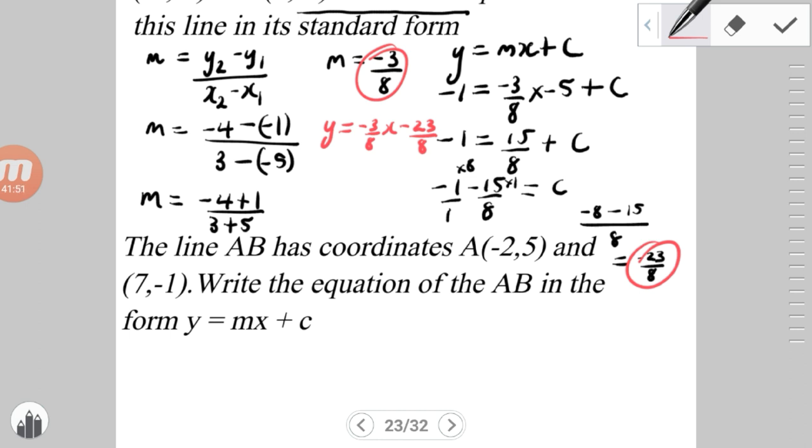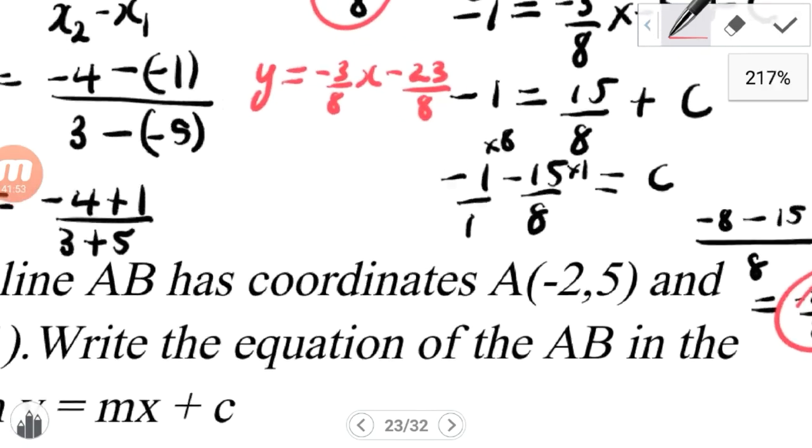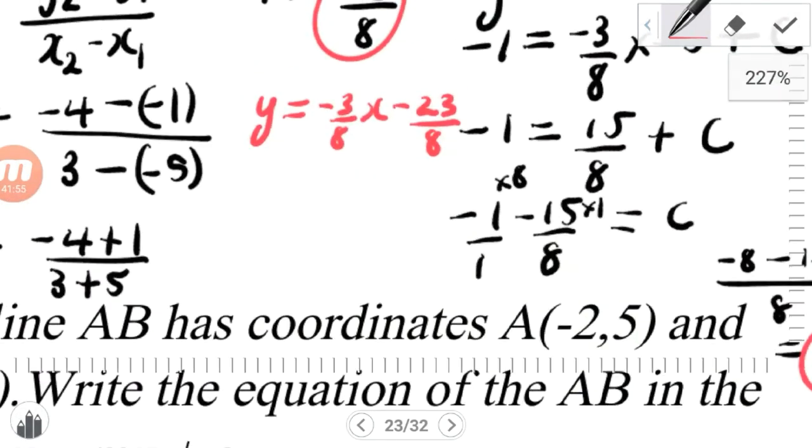But we're actually looking for the equation of the line to be in the form ax plus by plus c equals 0. So we've got to get rid of those denominators. So here I'm just going to multiply throughout by 8 because 8 is my denominator. If I multiply here by 8, I'm going to get 8y. If I multiply here by 8, then the 8 will cancel here and here.